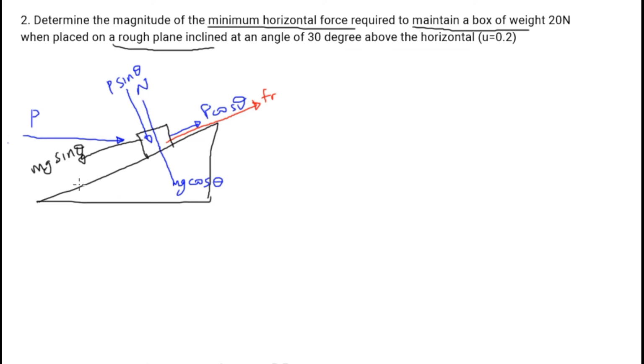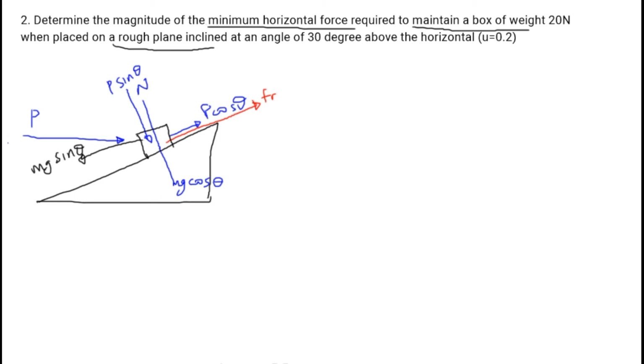The object still tries to maintain its initial movement, which is due to mg sine theta, taking it down the inclined plane. So the object still wants to come down irrespective of the force being applied to maintain it. And friction opposes the motion in which an object tries to move. So if the object tries to move down the inclined plane, then the friction will act up the inclined plane.